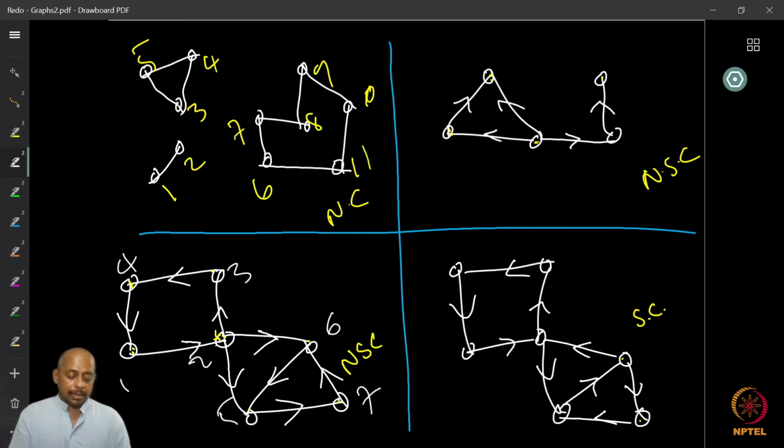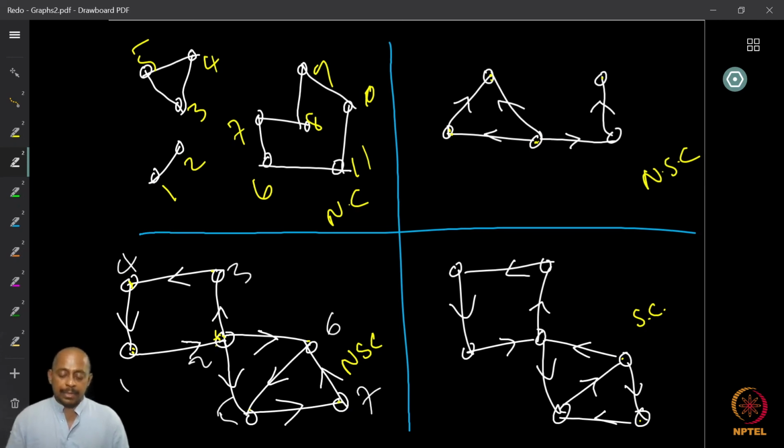But if I want to go, for example, from 6 to 2, I cannot go from 6 to 2. Right? I can go from, let's say, 2 to 5, 5 to 6, right? I can go from 5 to 7 and 6. Similarly, I can go from 6 to 5 and 6 to 7, but I cannot go from 6 to 3, right? Or 6 to 2. So therefore, this is also not strongly connected.